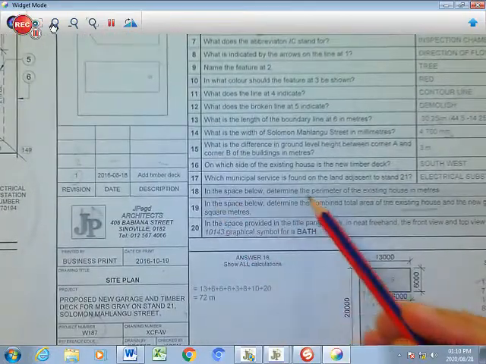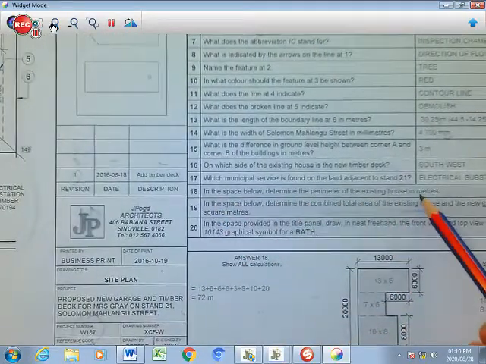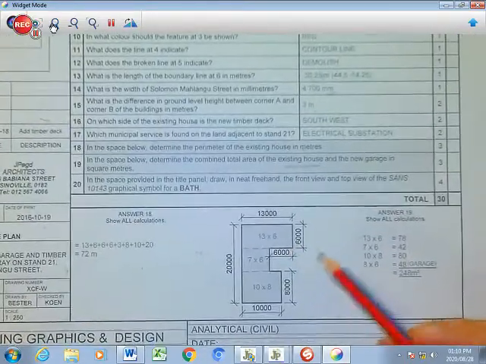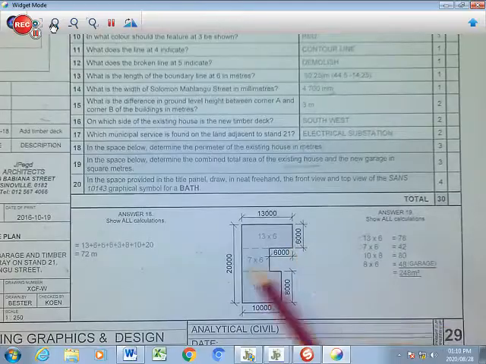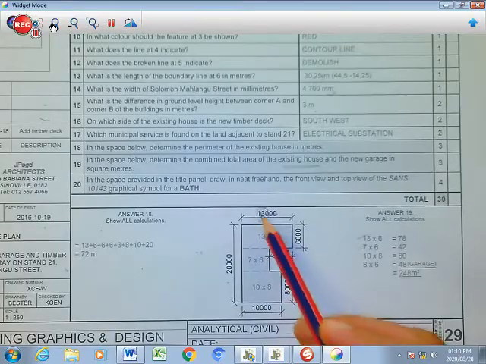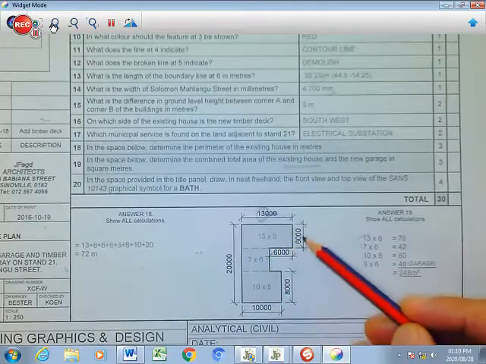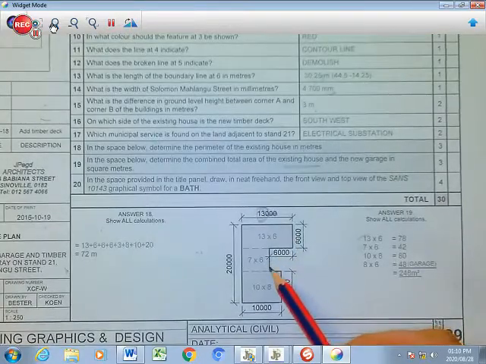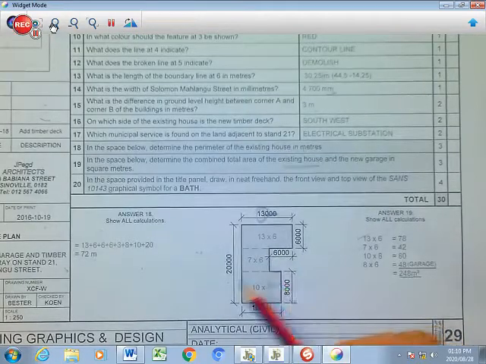In the space below, determine the perimeter of the existing house in meters. There's the existing house. So what you need to do is that you have to take in meters. You ignore the zeros and you only work with the value in front, which is the 13. Ignore the 3 zeros. And there are omitted items here, things that are not there, so you have to calculate it to put it in there.